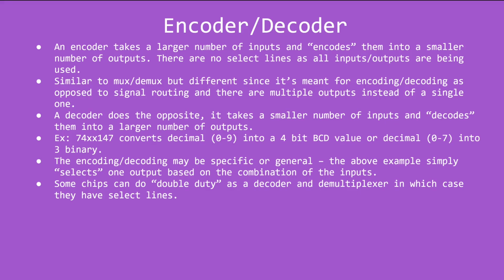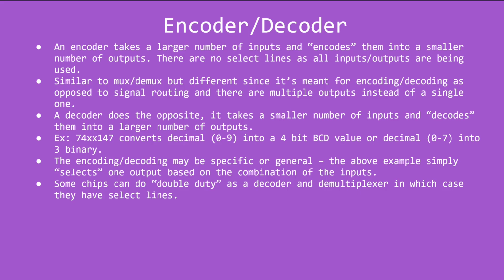All right, we're moving on to encoders and decoders, which are related to the mux and demux we just talked about. I don't really want to keep saying multiplexer and demultiplexer, so usually they're called mux or demux. An encoder takes a larger number of inputs and encodes them into a smaller number of outputs. The decoder does the reverse: it takes a smaller number of inputs to output a larger number of outputs.